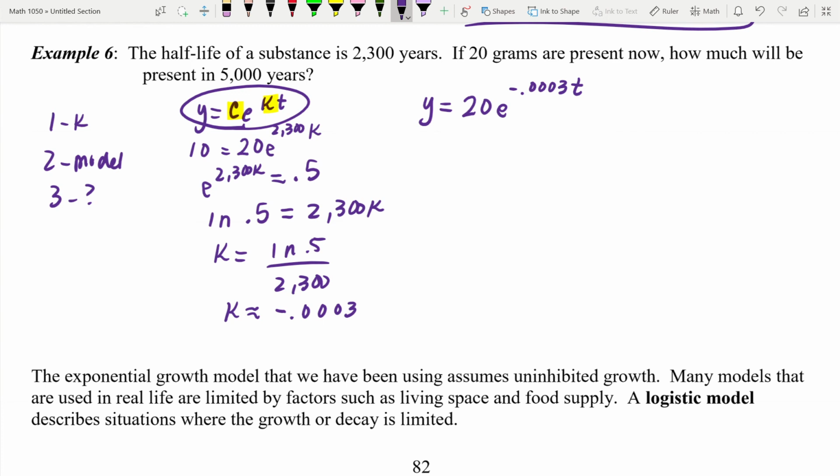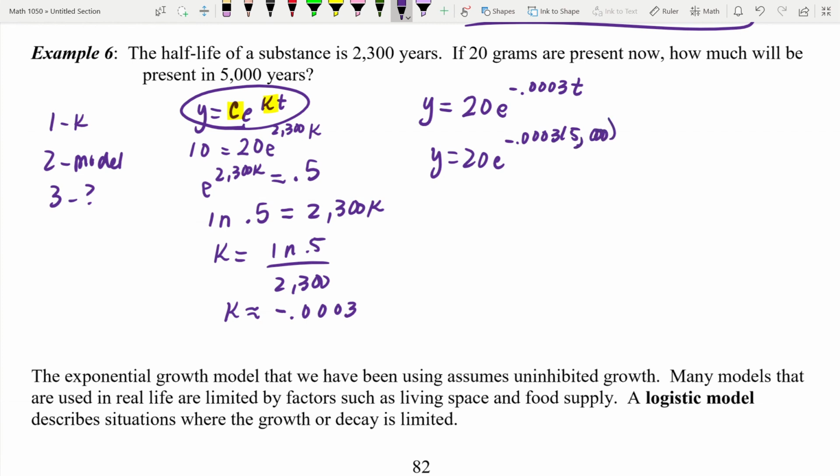How much will be present after 5,000 years? Do you see how I haven't touched the 5,000? That's probably the number one error, people start putting numbers in that they're not supposed to. So the 5,000 is the question. You tell me where to put 5,000. Is that T or is it Y, everybody? It's T. Good. So it's going to be y equals 20 e to the negative 0.0003 times 5,000.